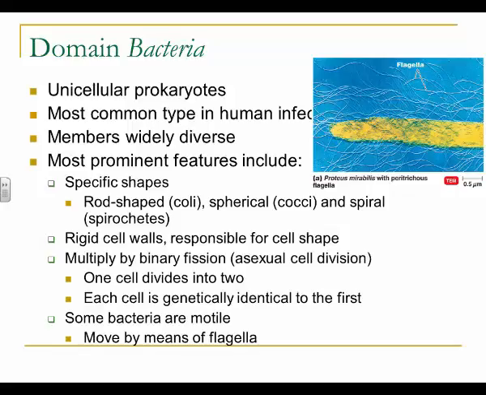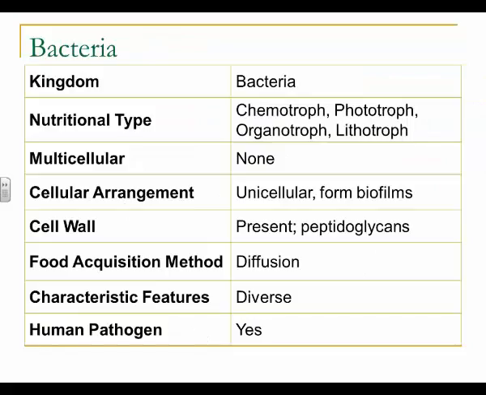And some, not all, can move around and have appendages like flagella that help them move to areas of food or away from areas where there are toxins like antibiotics. So it's actually a virulence factor to have that trait of motility, one key difference between some pathogens that are bacteria and others that are not.